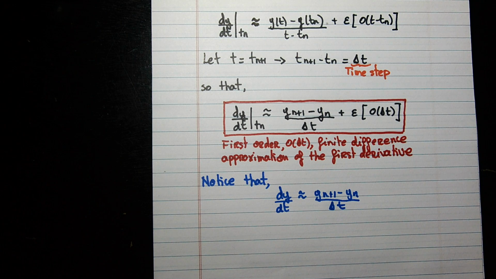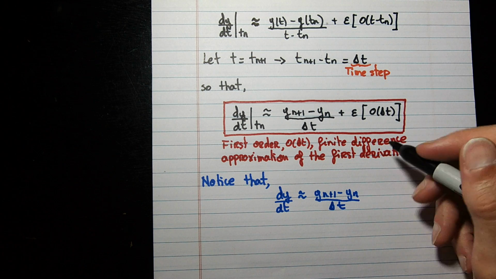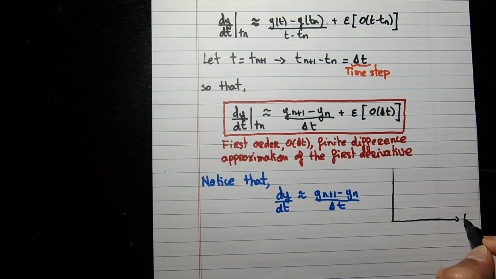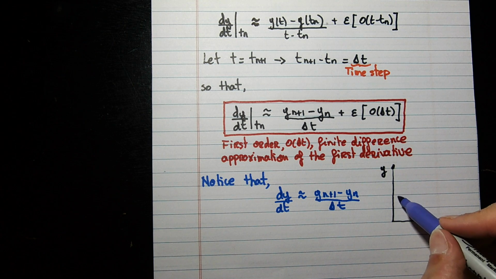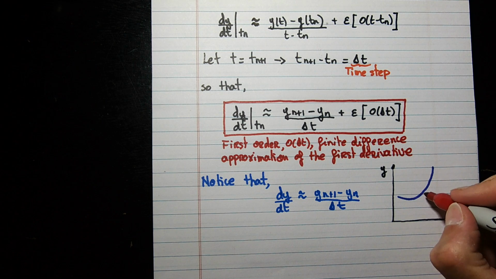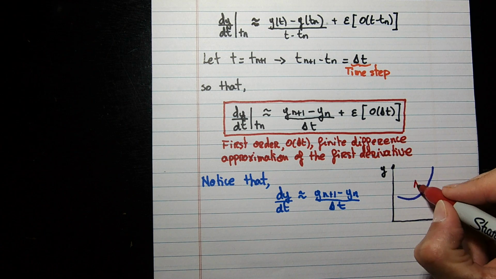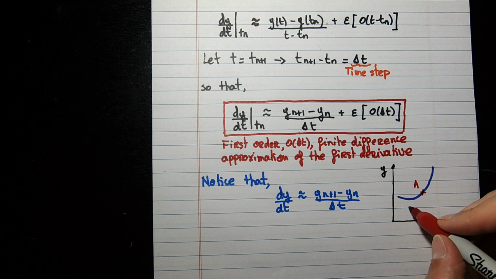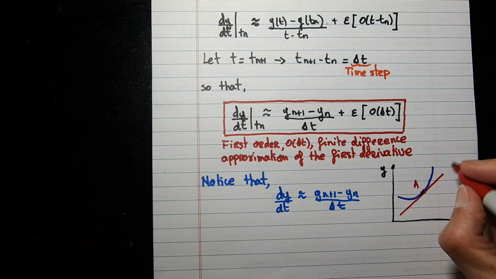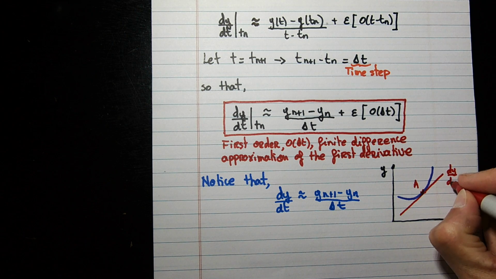If you remember, let's do here a little figure, where this would be t, this would be y, and let's say we have a general function, a general curve. So how can you approximate this curve? Let's say we look here at a point A. We know this could be approximated by the tangent. So it would be what? This would be the dy/dt.